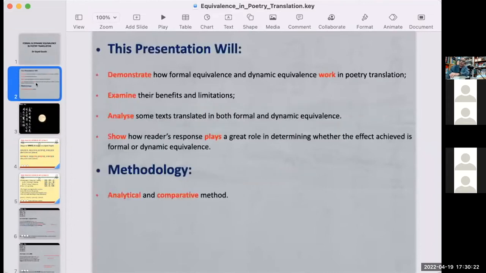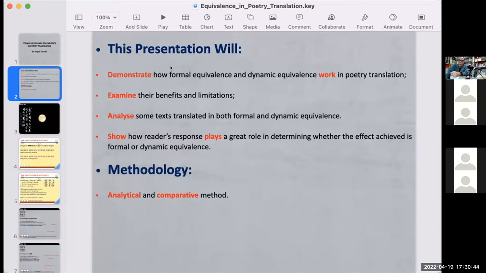So we will take one of Li Bai's poems as a showcase to study it in terms of rhythm and how this rhythm can be translated into English.